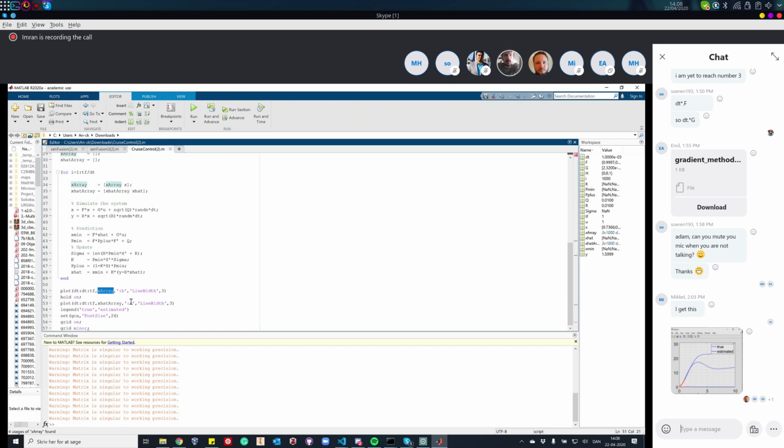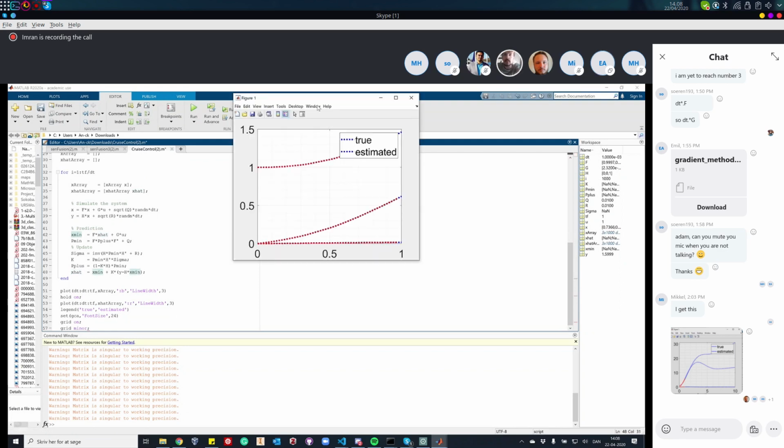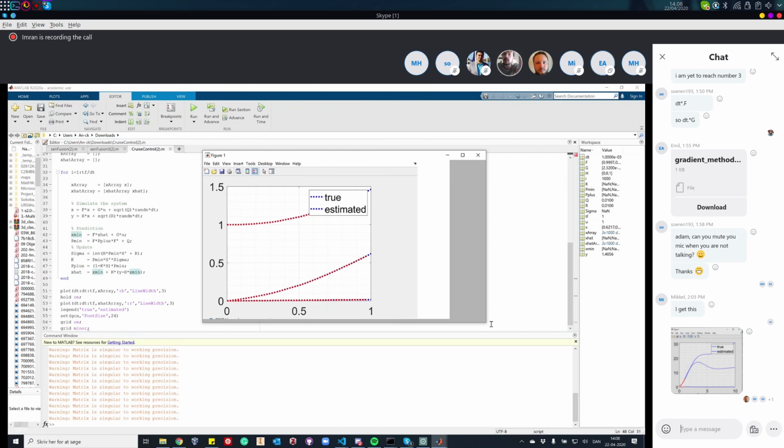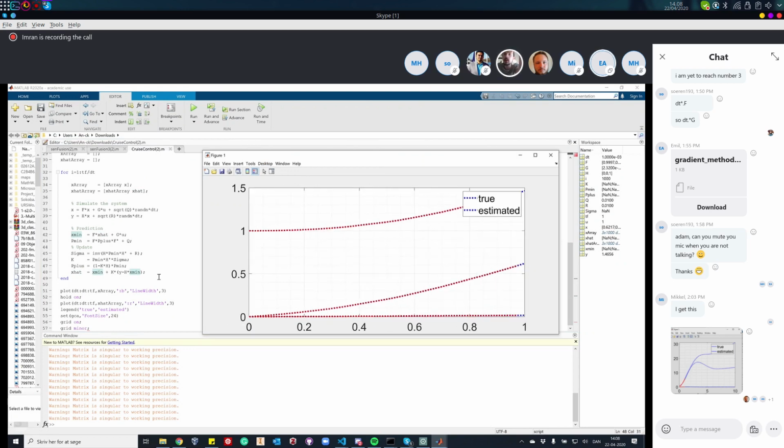But wait. Where is Skype? Yeah, here. Basically, the output, if you look in the model, is just the third column. Okay. Yeah.